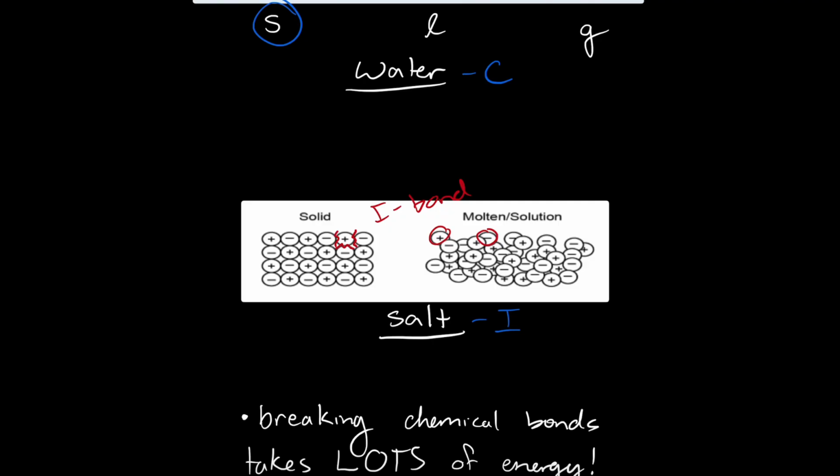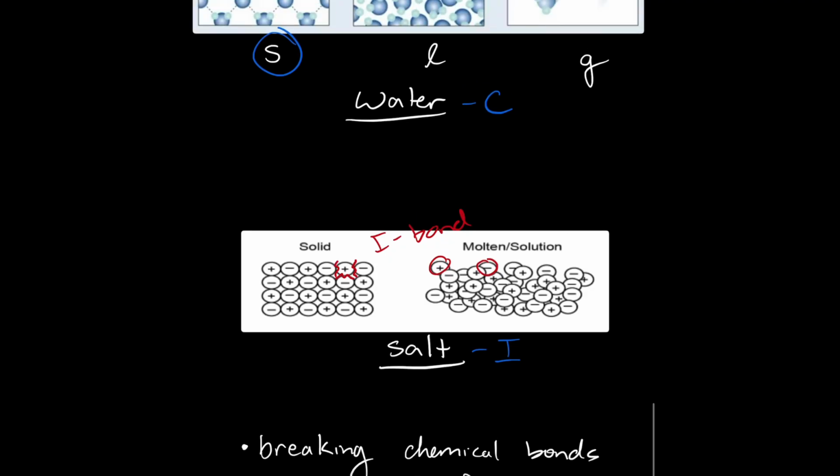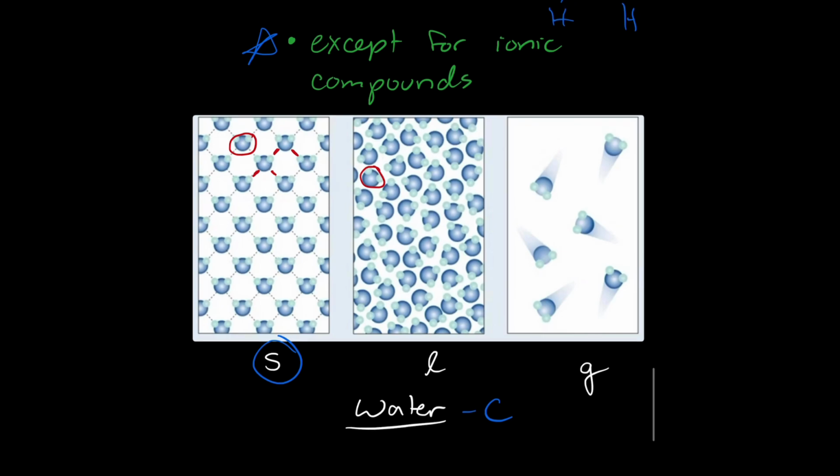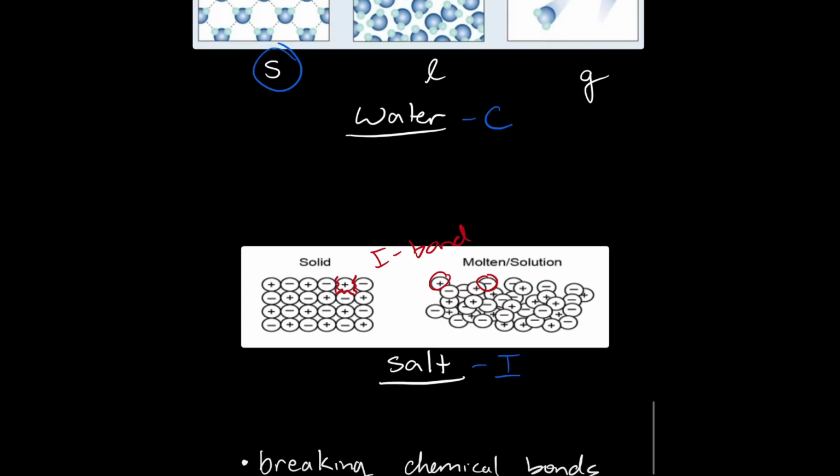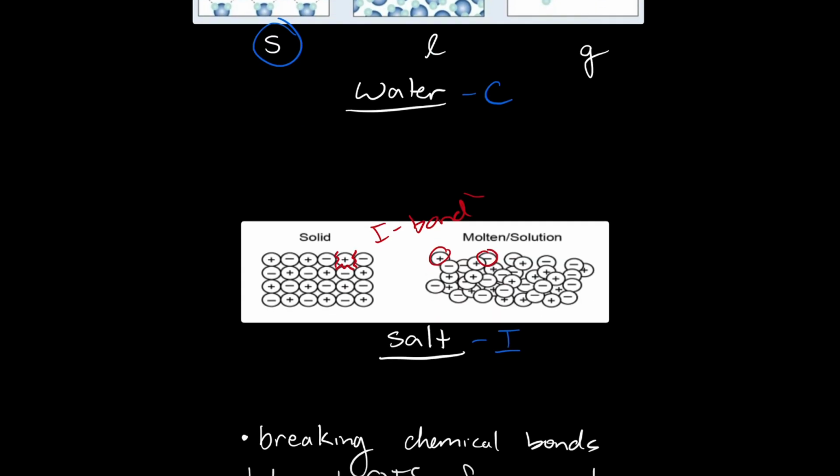And it's probably pretty logical to assume that IMFs, what's breaking up here in my covalent substance, since they're between different molecules, are a lot weaker and a lot easier to break than a true chemical bond, a true ionic bond. And so when you think about the trend that we saw in the lab a couple of weeks ago, that your covalent substances tended to melt first and your ionic substances didn't, this is why.